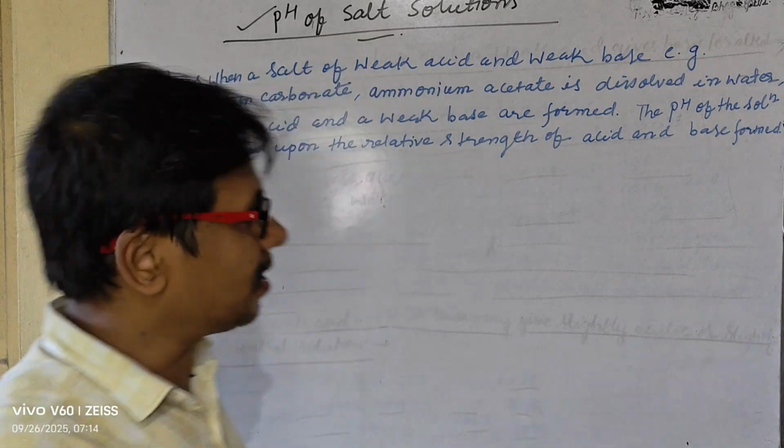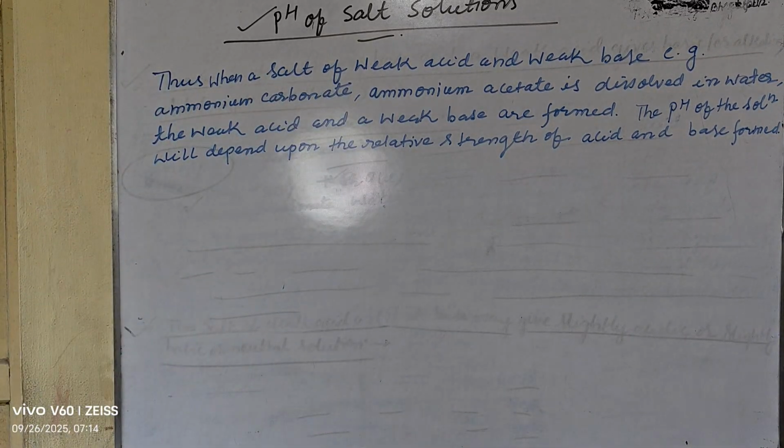So when a salt of a weak acid and a weak base, for example ammonium carbonate or ammonium acetate, is dissolved in water, the weak acid and weak base are formed. The pH of the solution will depend upon the relative strength of acid and base formed.